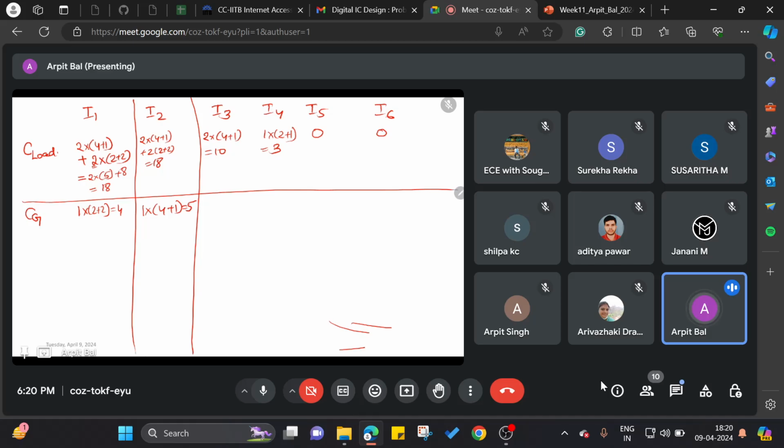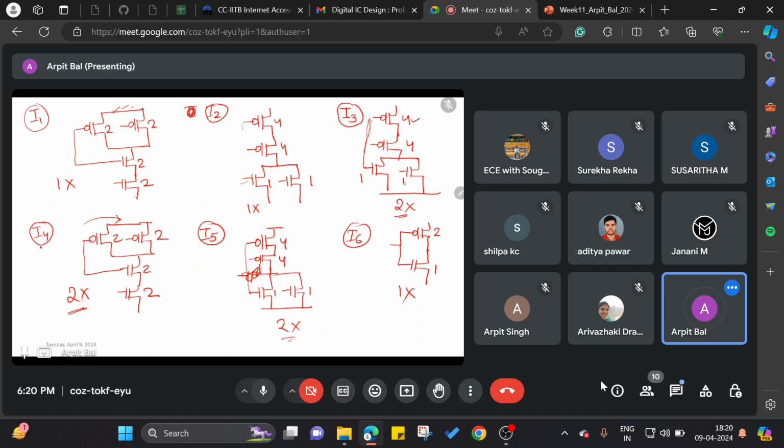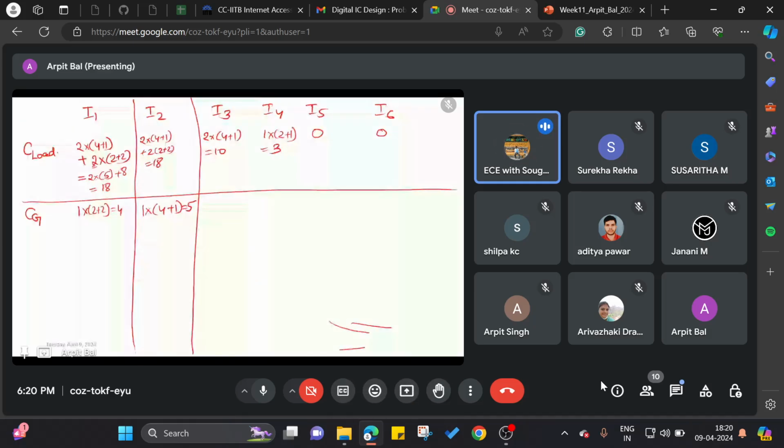What is I3, I4, I5, I6? Can you guys start calculating this? Remember, wherever the drive strength is twice, you need to multiply by 2. I3 10C. I4 8C.